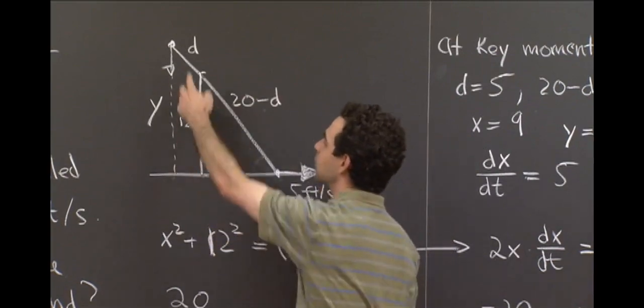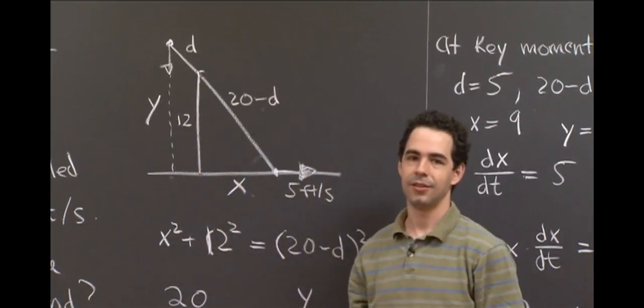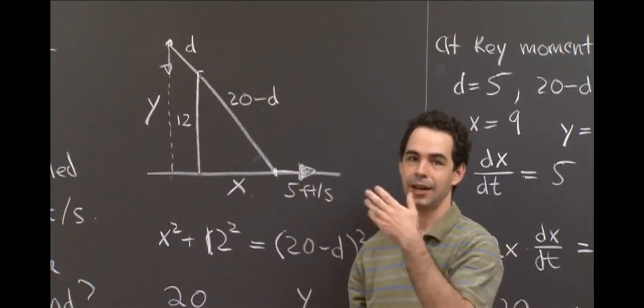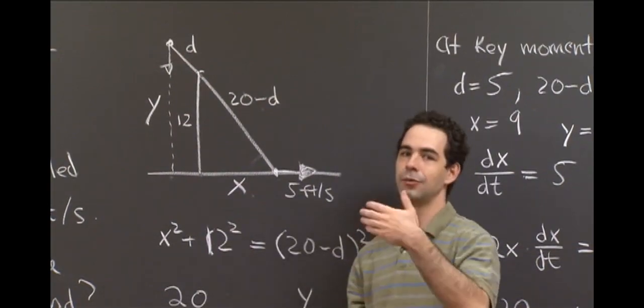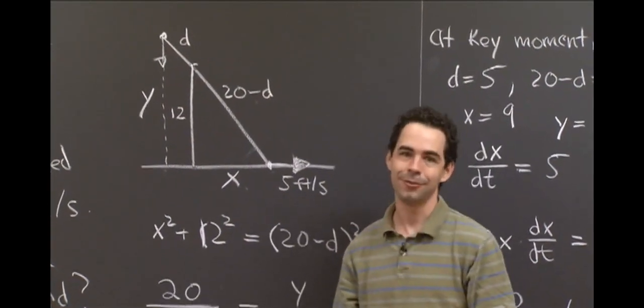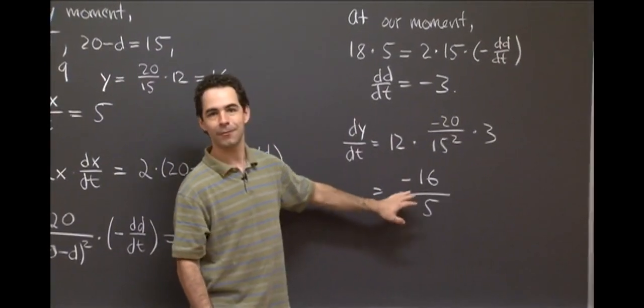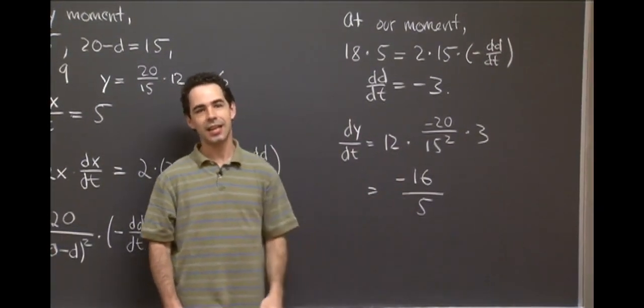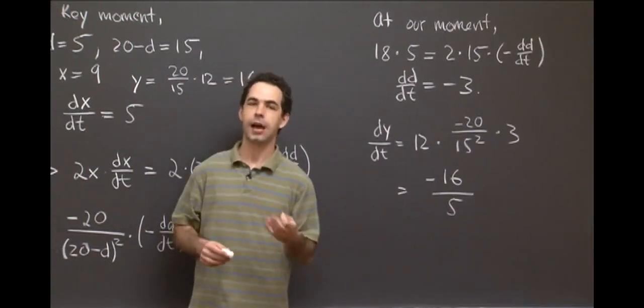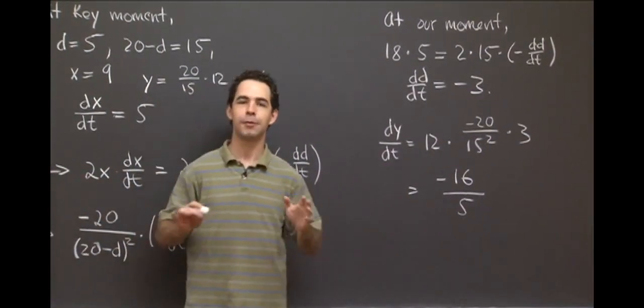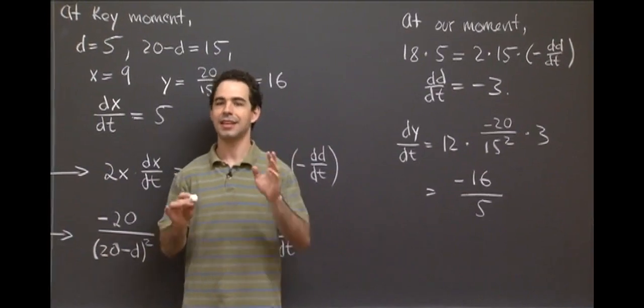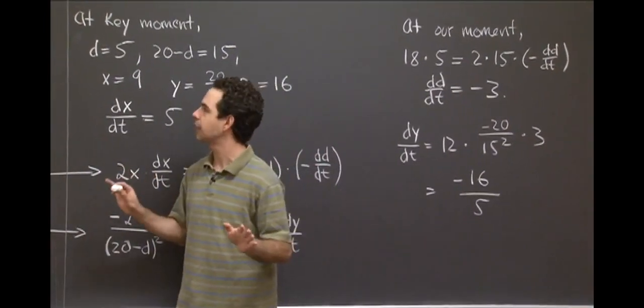And y is the vertical distance between the ground and the top of the ladder. So y is shrinking, and we should have a negative derivative. Negative derivative, minus 16 over 5 feet per second. If this instantaneous rate held up, which it won't in this situation, it would take 5 seconds to get down. So it's not falling very quickly. That seems about right.